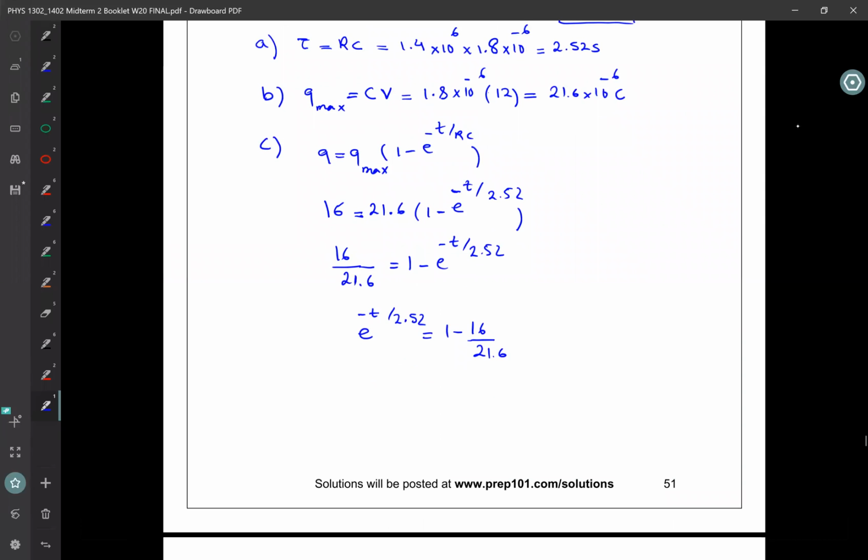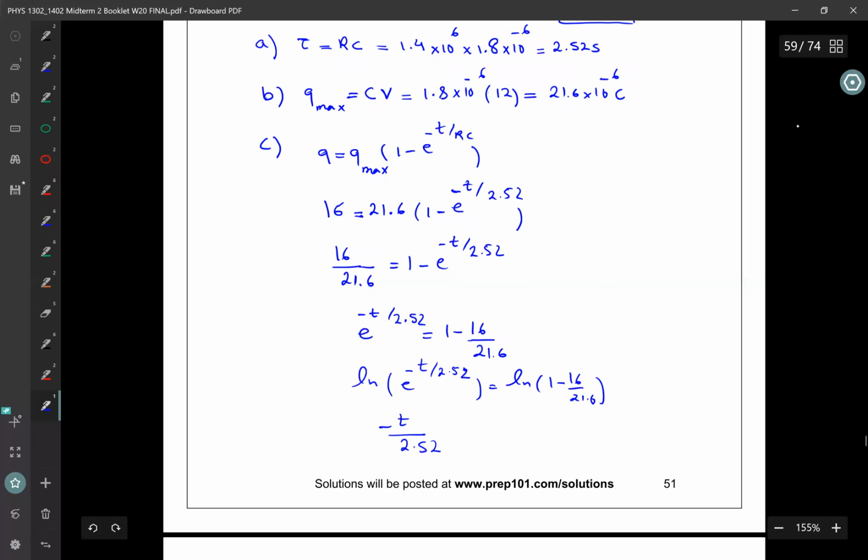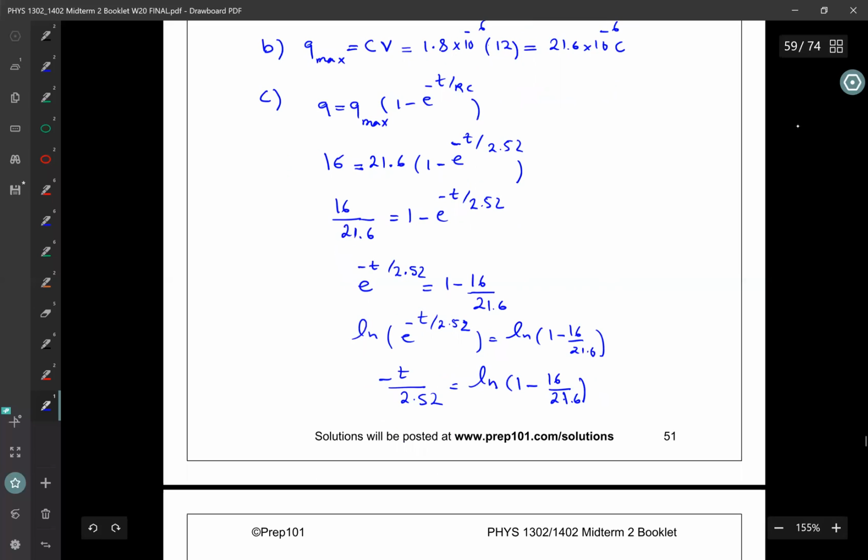Now, in order to isolate for t, we need to take the ln of both sides. ln and e cancel out, and you will end up getting minus t divided by 2.52 equals ln of 1 minus 16 over 21.6. Now, if you multiply both sides by minus 2.52, you could find t, and t equals 3.4 seconds.